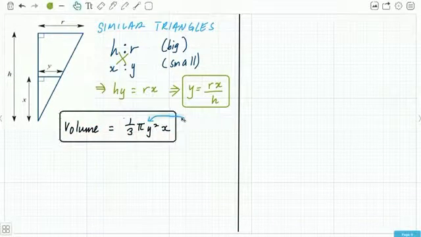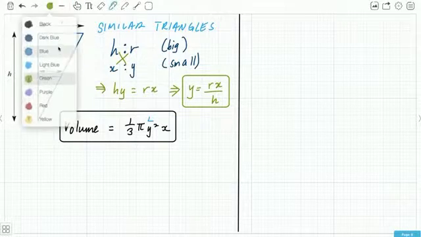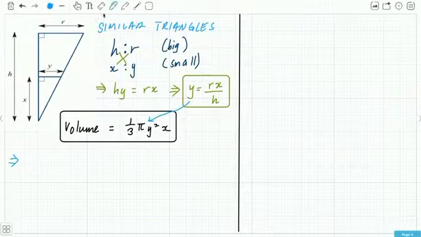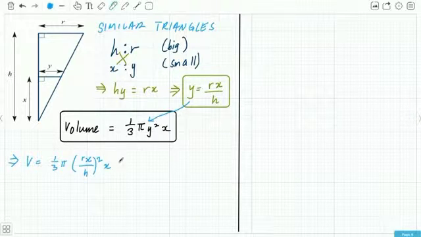So we've got our volume. Now what we're going to do, I can actually still use that same arrow, is substitute y into here, so into y squared. So now we've got V equals 1/3 pi y squared, where y is rx on h, that's all squared, times x.